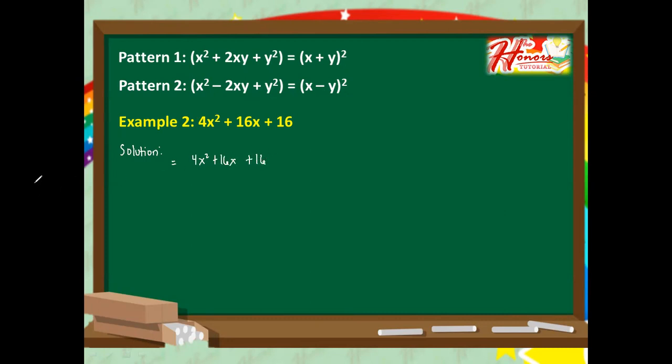And then let's get the square root of the first term and the square root of the last term. So square root of 4, that is equal to 2. So when getting the square root, you have to think of a number that when you raise to 2 is equal to 4, and that's 2.